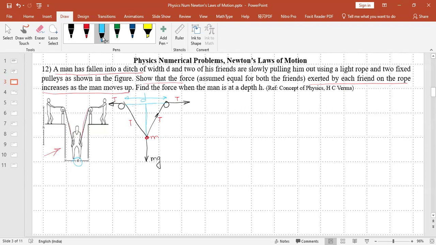Say this angle is theta, so this angle is also theta, since they are the same. Now, if this is force T, then what is its component? The vertical component is T cos theta.